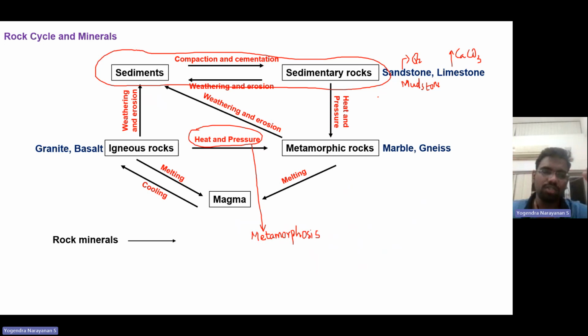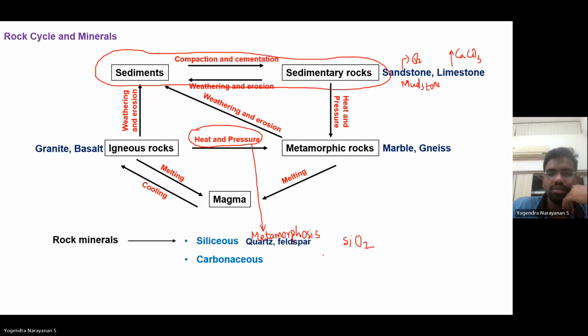The minerals that make up the rocks can be classified into three types. The first is siliceous, which essentially contains silica, SiO2. They are dominant. Common examples are quartz and feldspar.